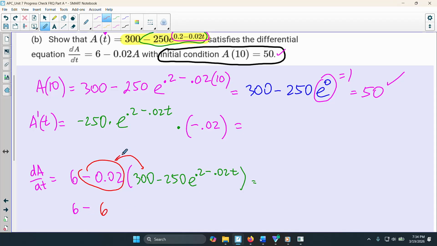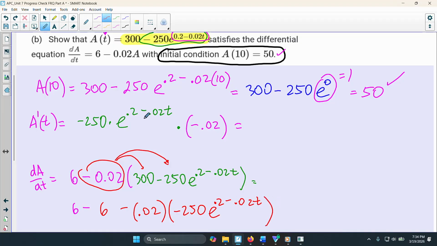Now the second part is this. Frankly, I don't have to do anything. I do not have to multiply things out here because this is minus 0.02, which is that, times this, minus 250 e to the 0.2 minus 0.02t.